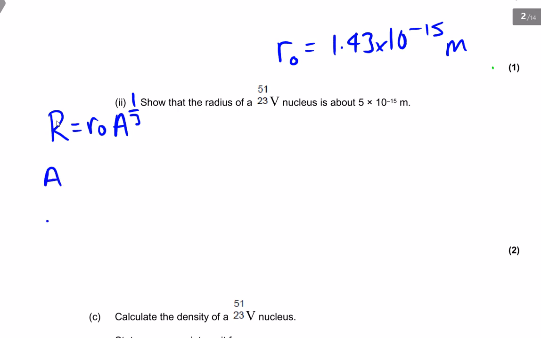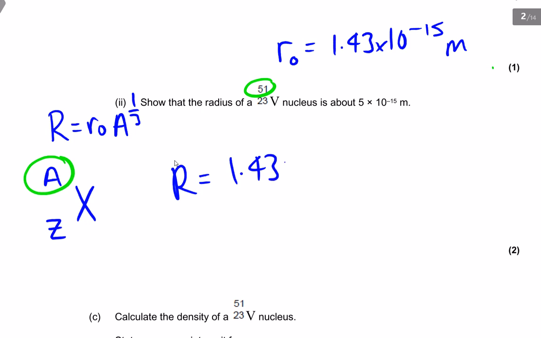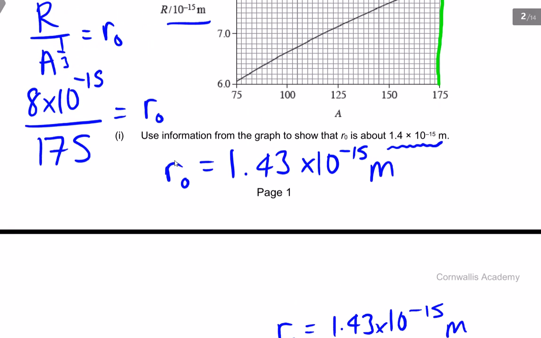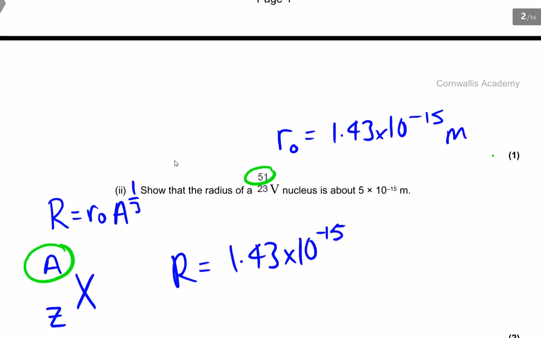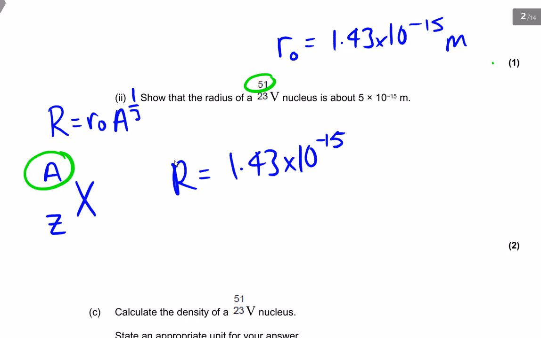Remember the layout, the way we write our atoms, so our A number's at the top. So A in this case is 51. Okay, so we end up with R equals 1.43 times 10 to the minus 15. Remembering, although we're writing that, we're actually going to want to use our full value from our calculator to make sure we're not getting any rounding errors, times 51 to the 1/3.